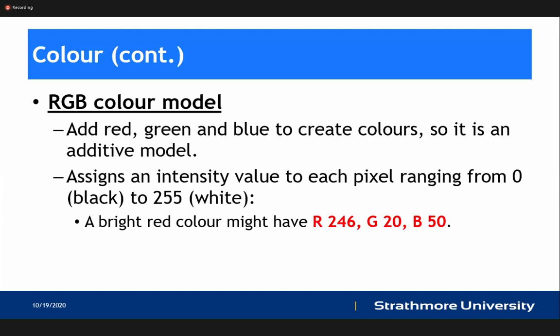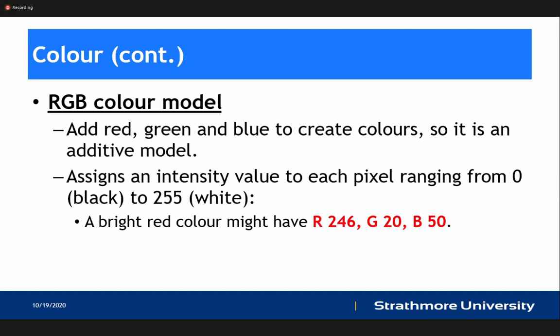They are assigned an intensity for each pixel, ranging from 0 to 255. So they are actually 256 values if you count 0, but 0 is already black, and 255 is white.